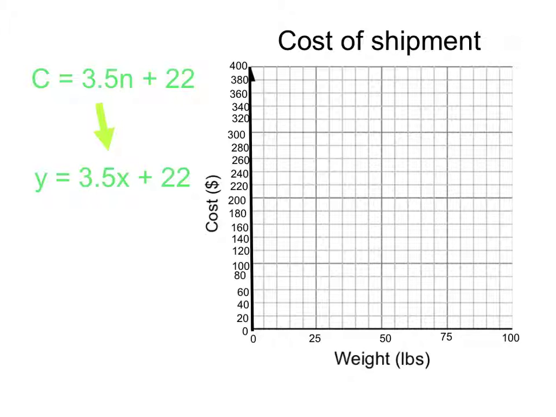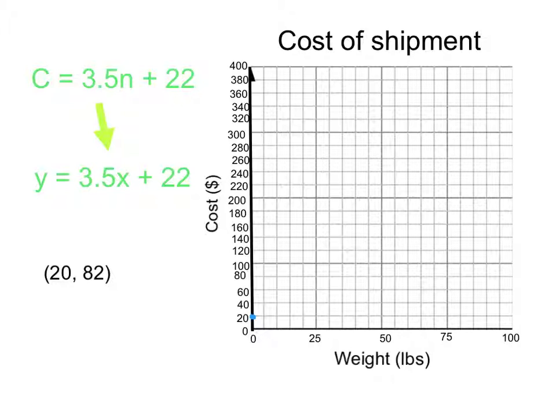We have to start at 22, since 22 is the initial cost. It's the y-intercept, so that's where we start. Let's put a point around there. Then, with every pound, we'll go up 3.5 for the cost. But that will take a while to graph, so we'll go up in intervals of 20 pounds.